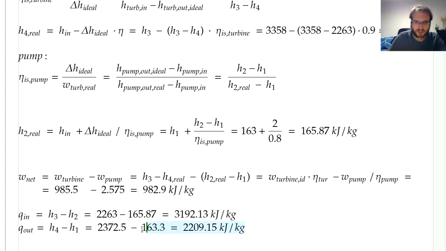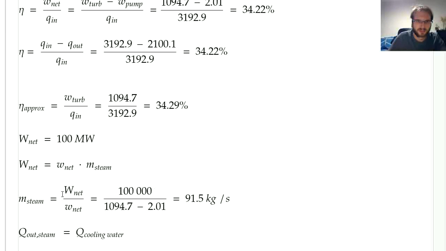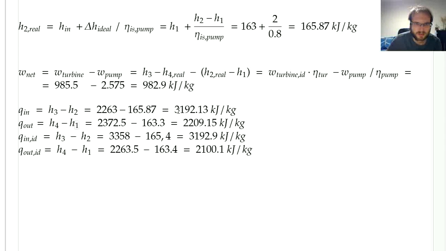So we can compare these two values with the values we had in our previous calculation. Actually, the heat input in the ideal state was just slightly larger than in the real state.